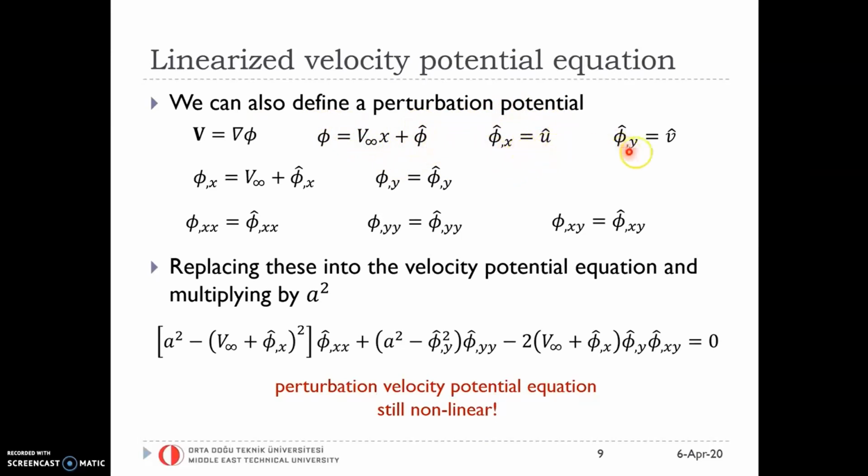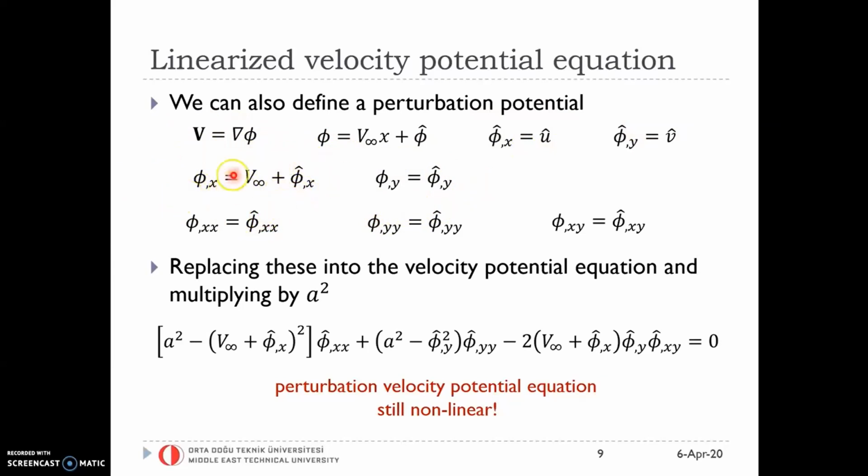If you take the derivative of the perturbation potential with respect to y, then you will have the y component of the perturbation velocity, v hat. These are also shown here again: the first derivatives of our velocity potential, and the corresponding terms in terms of the perturbation potential.